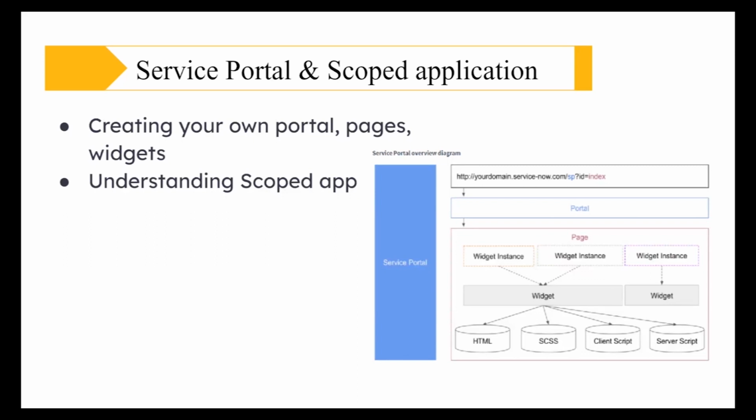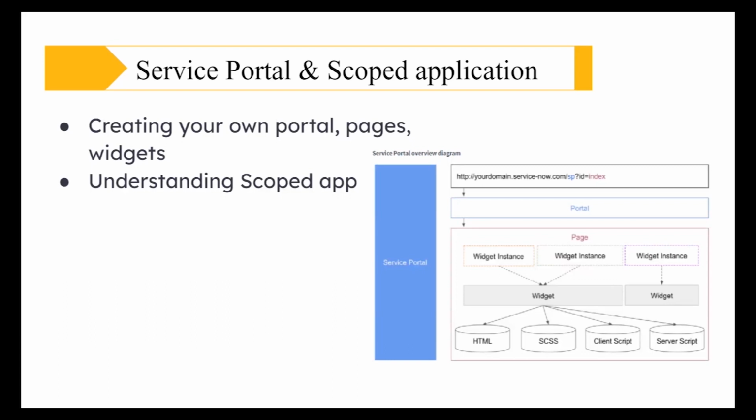And portal pages widgets are the ones that we would be using when it comes to creating our own portal. So this is where we give a nice user interface to our end users, and we can use this interface to go ahead and publish this for consumption.